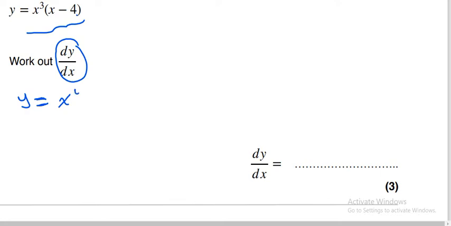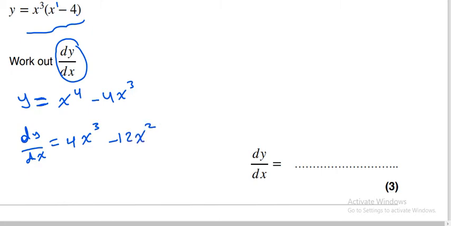So it will be x to the power 4 minus 4x to the power 3. X power 3 multiply x power 1, apply the rule of powers, adding, it will be x power 4. Here we get the expression without root, without denominator, without bracket. We can differentiate: multiply by the power, subtract 1 from the power. And this is the answer.